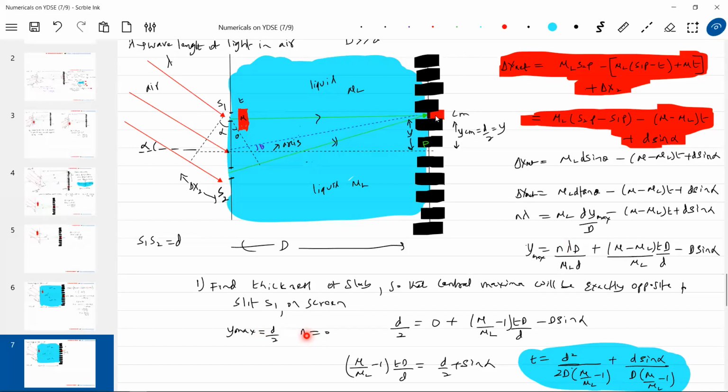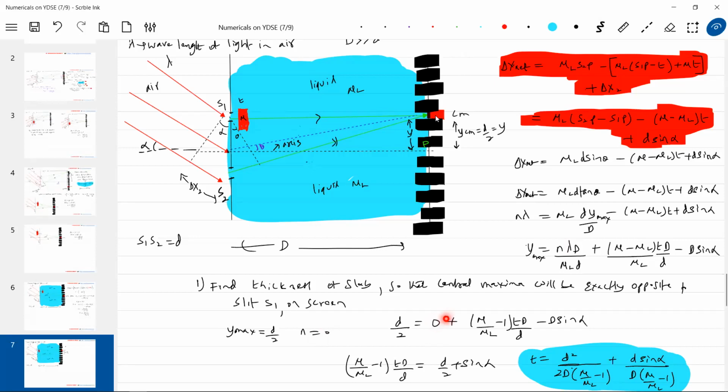It should be 0. Delta x should be 0. Where the path difference of the rays emitted by slits S1 and S2 is equal to 0 on arrival at a particular point, that point will be the central maxima. Therefore, to locate the central maxima, n must be substituted 0.